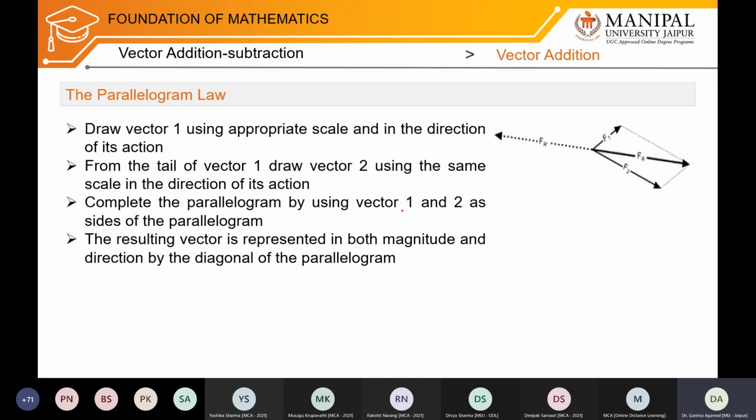Complete the parallelogram by using vectors 1 and 2 as sides of the parallelogram. The resultant force is represented in both magnitude and direction by the diagonal of the parallelogram. Let's say force 1 is in that direction, force 2 is in that direction. So the resultant force will be in the direction of the diagonal of the parallelogram.